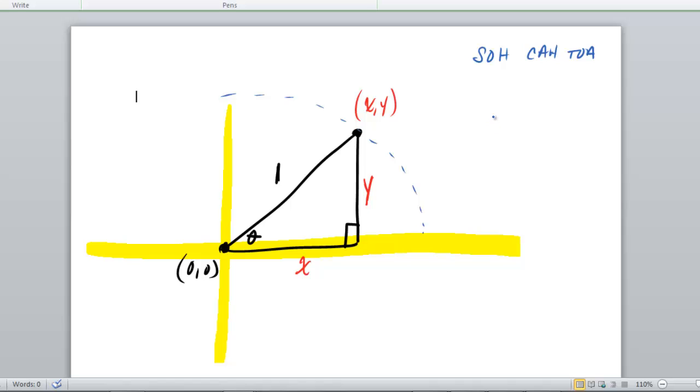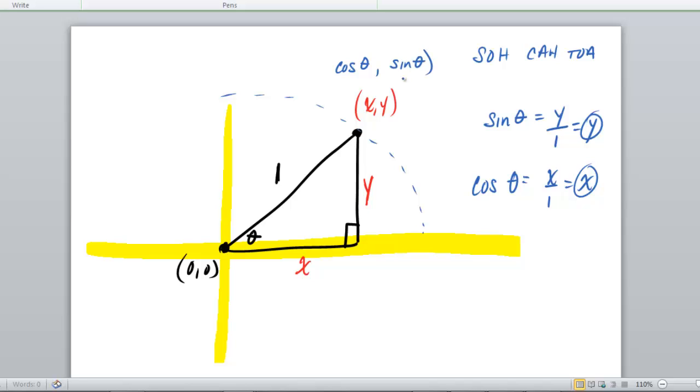And what you notice here is when you take the sine of theta, you end up getting the opposite over the hypotenuse, which is simply y. Same thing with the cosine of theta, you get the adjacent over the hypotenuse, which is simply x, which is our ordered pair. So really we can replace our ordered pair with the cosine of the given angle and the sine of the given angle.